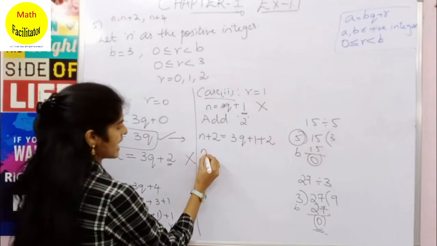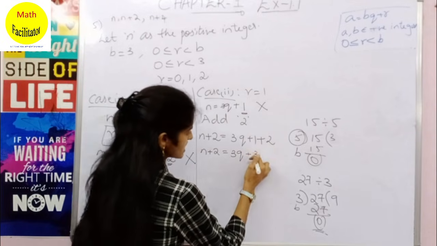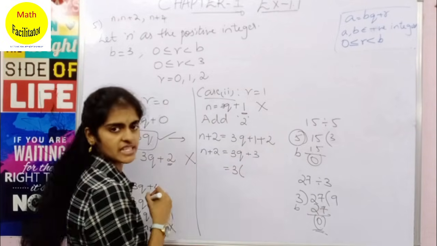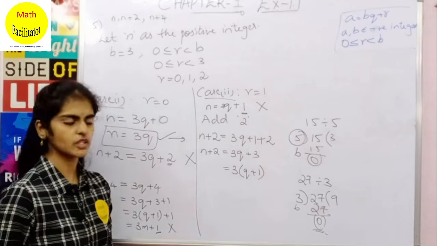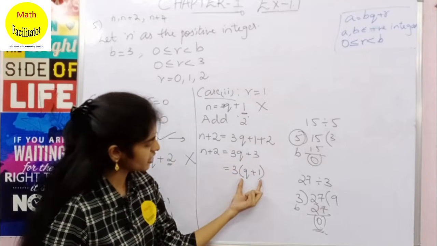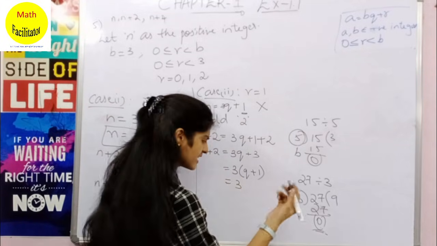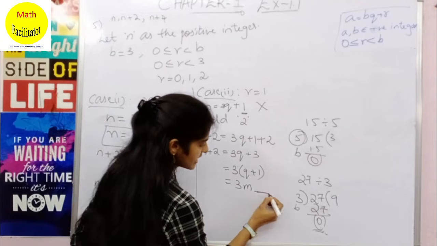So n plus 2 is equal to 3q plus 3, since 1 plus 2 is 3. Now just take 3 common from these two terms, and you are left with q plus 1. Let me write this q plus 1 as some integer m. So what is the remainder here?